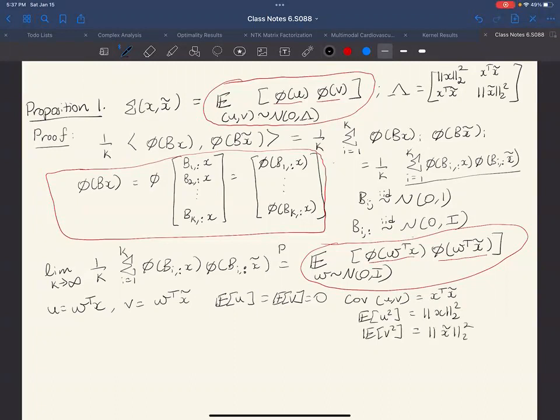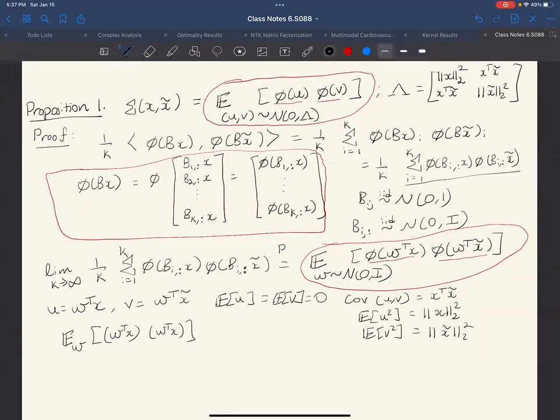And by the way, how would you actually compute this? Maybe I'll give a hint for the homework. I really think it's a simple homework exercise, but as a hint, if you just look at the expectation over W of W transpose x times W transpose x, this is just the expectation of U squared.